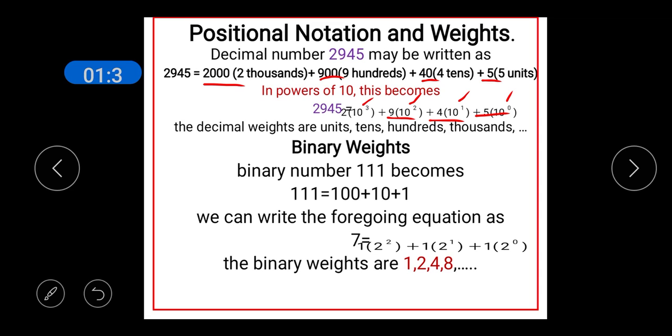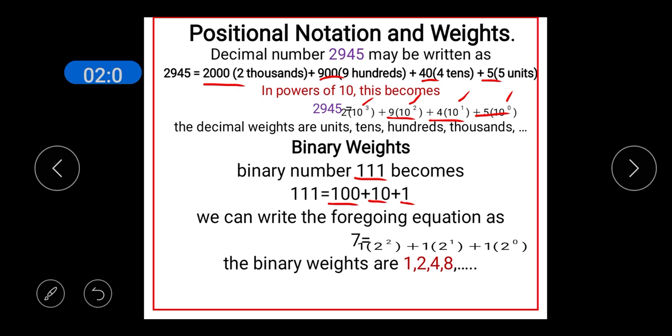The same way, the binary weights of any binary number can be written in terms of 2 power 0, 2 power 1, 2 power 2 and so on. For example, consider the binary number 111. It can be written as 100 plus 10 plus 1.